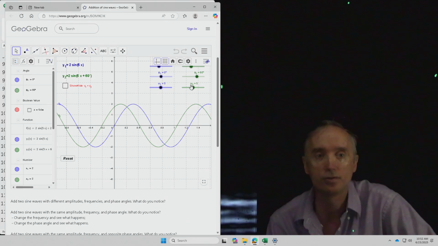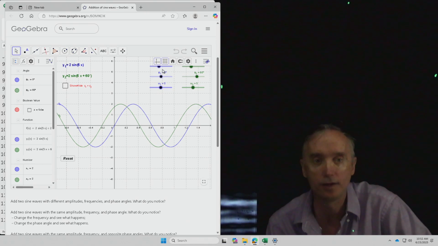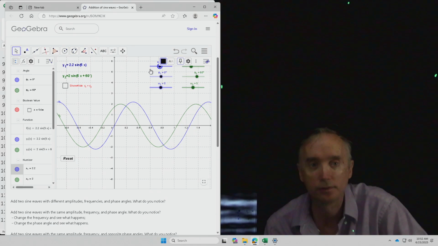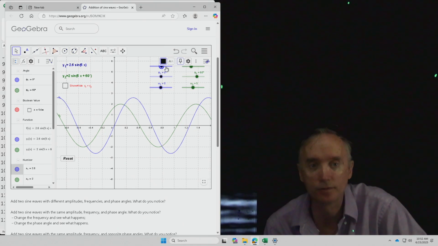Okay, so I want you to play with the sliders here. So this top one, if I move it back and forth, let's see what happens. There it goes.